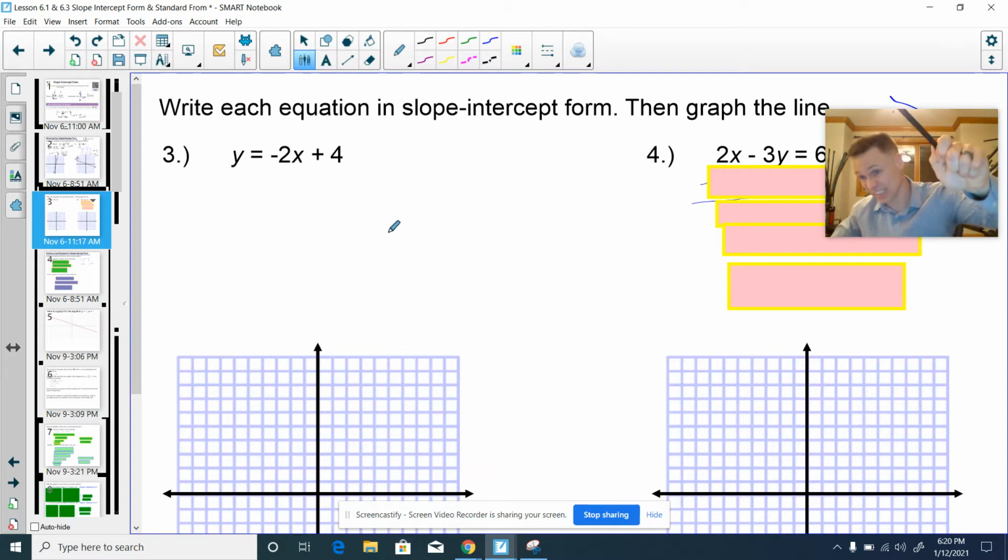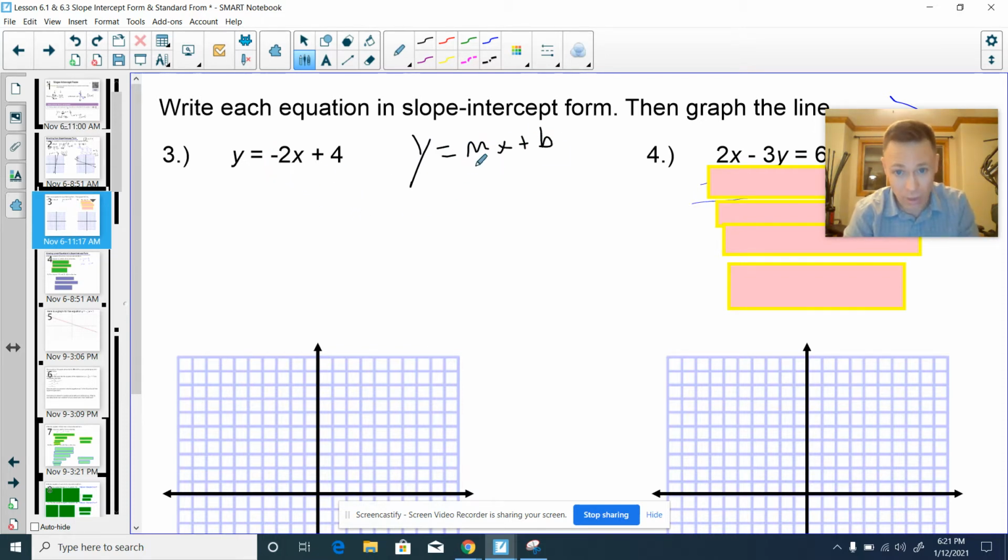Okay, now that you've tried it on your own, let's see if we're able to do it here. All right, slope-intercept form. Remember, y equals mx plus b. I probably already wrote that like 6 times. Remember, this is my slope. This is the y-intercept.